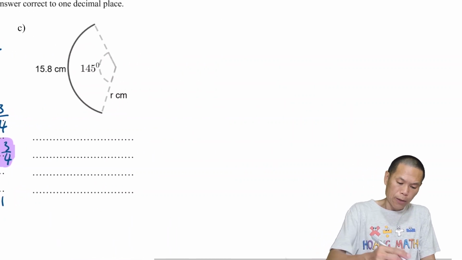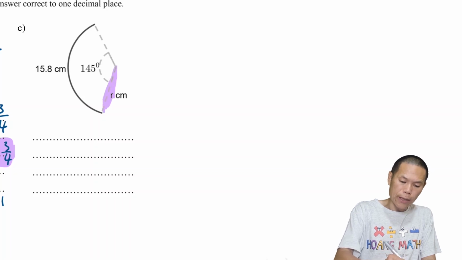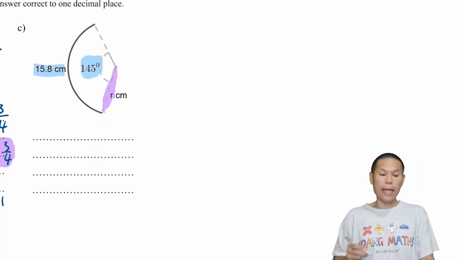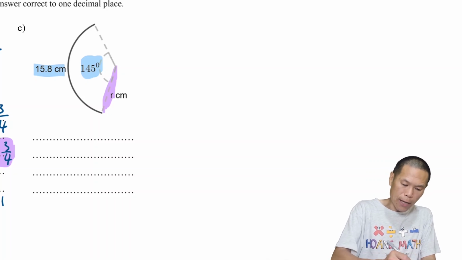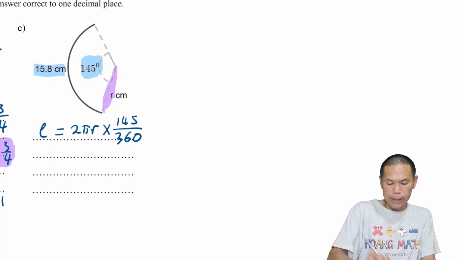Now, next one, the radius is here, and the angle is 145, and we're given the arc length. So we know that arc length, L, is 2 pi r, and we times by 145 out of 360 degrees.